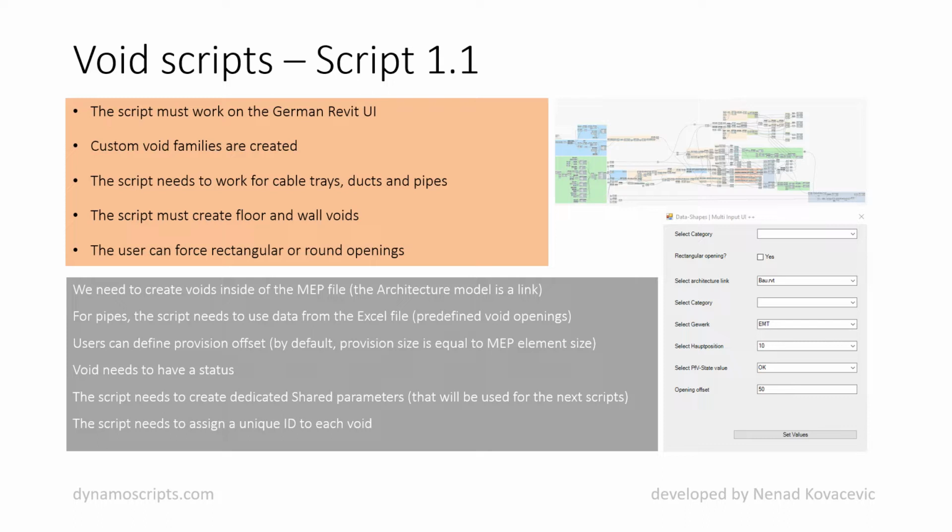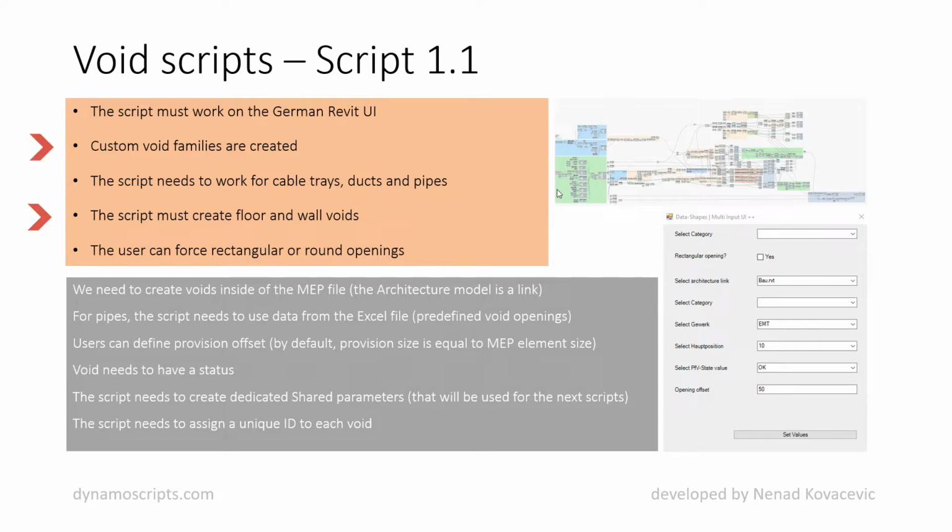So you must integrate all of that and you must test the script inside the Revit user interface on German. I do not know German language, so for some options it was hard for me to test the script, but eventually I did learn to handle German user interface inside the Revit, so I think that I can work similarly efficient like in the English user interface. So that is the first requirement.